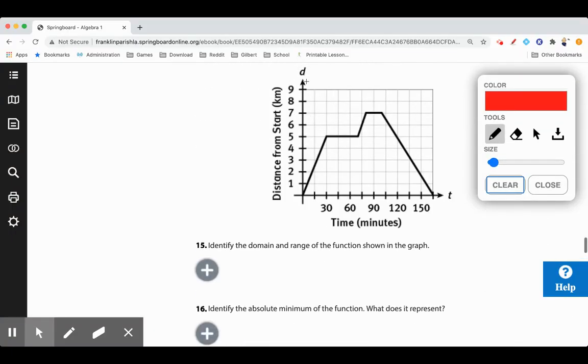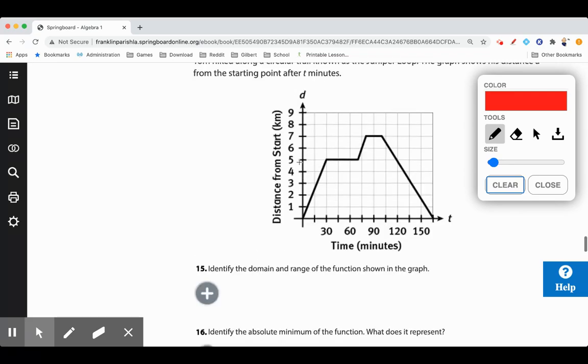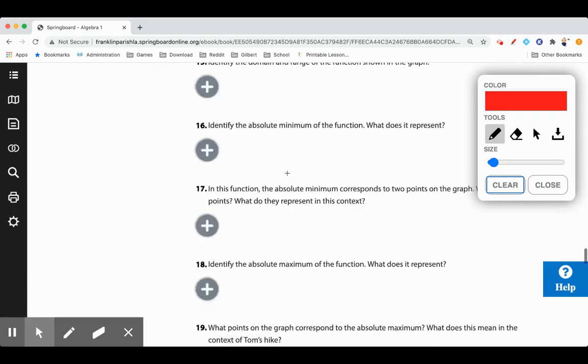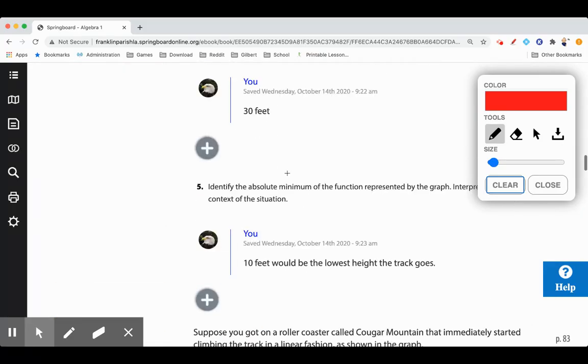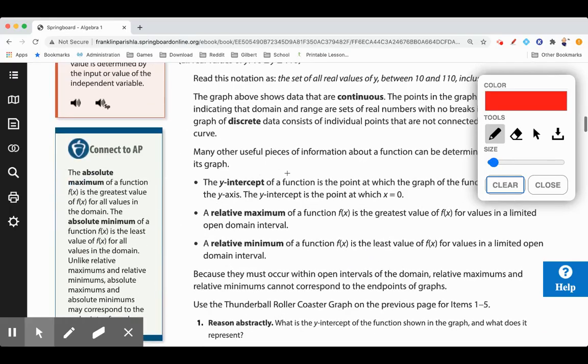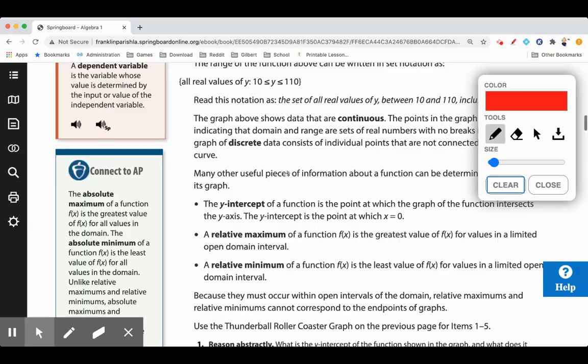Where it intercepts the y-axis, the vertical axis, this one's called D and T, but it's the same as domain, range, x, y. Y-intercept, where it crosses, intersects it.